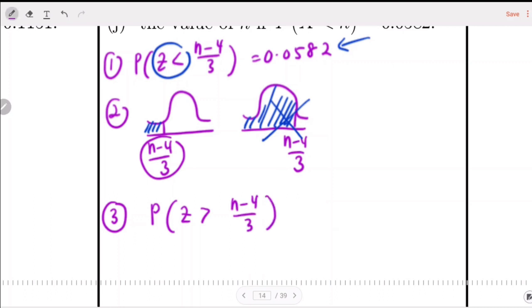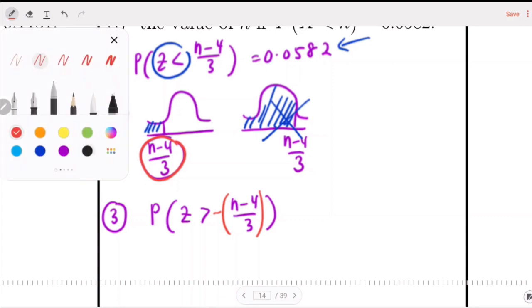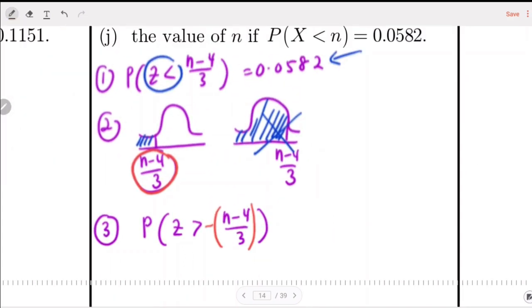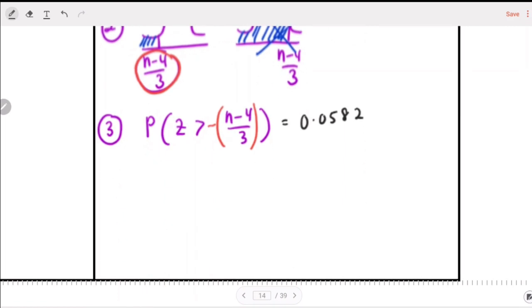But then, we need to remember that the value of Z on the left side is negative. So we need to put negative here. Right? And then we proceed to the next step, which is to take a look at the standard normal table.